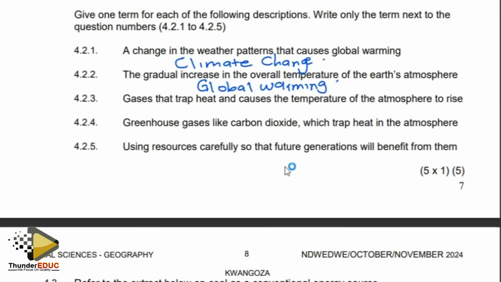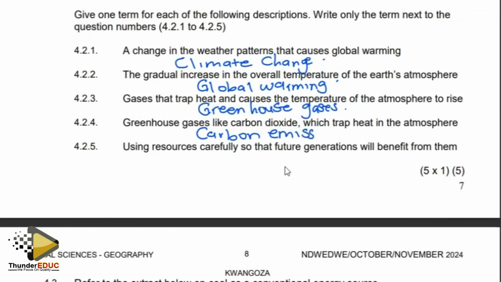And then gases that trap heat and cause the temperature of the atmosphere to rise are called greenhouse gases. Greenhouse gases like carbon dioxide, which trap heat in the atmosphere, are called carbon emissions.